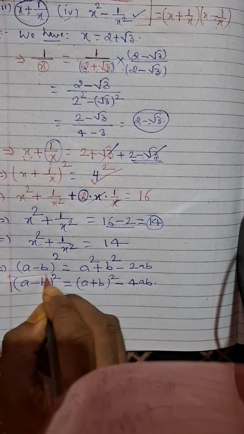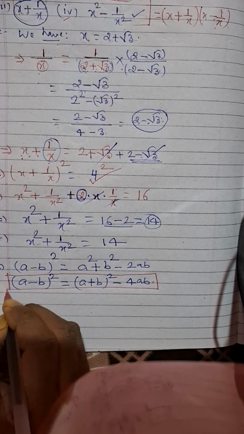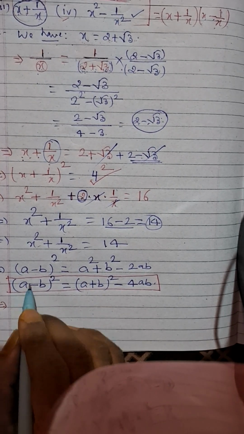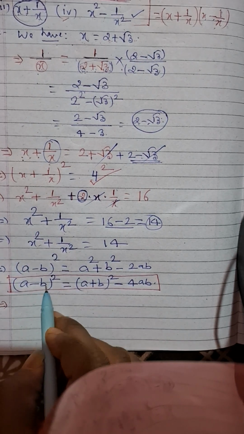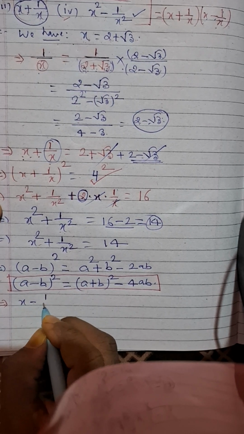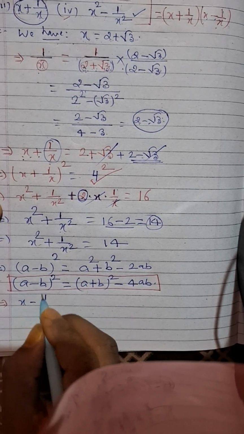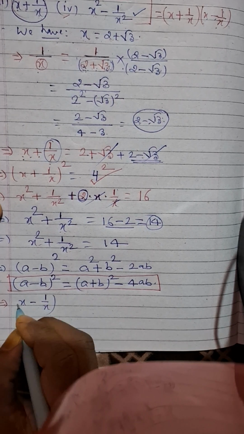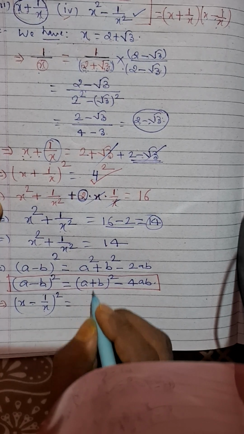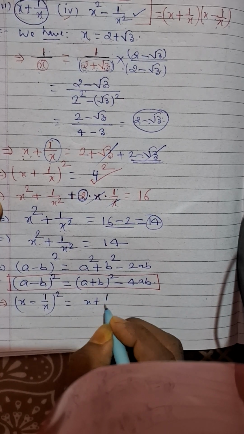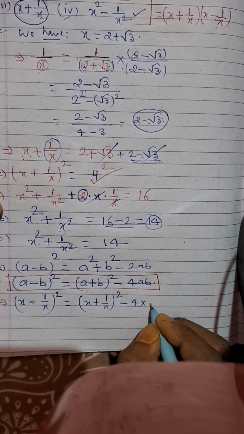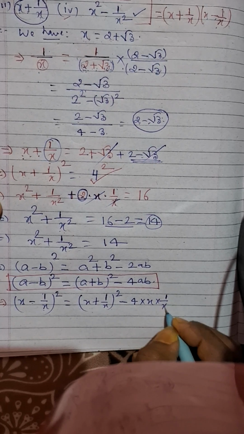Let us consider this identity. And in place of a we have x, in place of b we have 1 over x. So let us substitute. x minus 1 over x the whole square can be written as x plus 1 over x the whole square minus 4 times x times 1 over x.